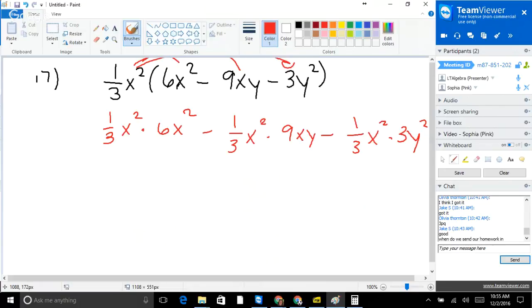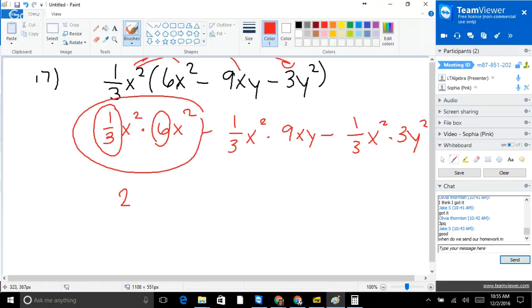Okay, so actually the fractions here aren't too bad.